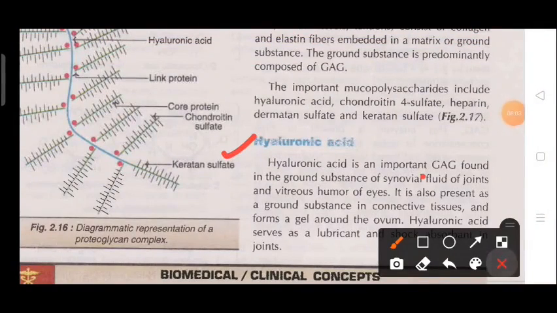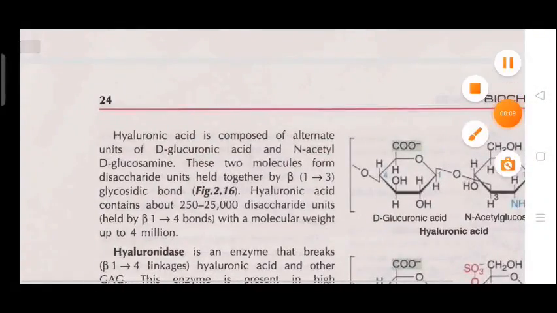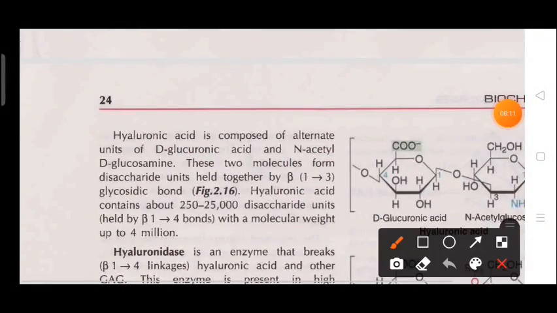Hyaluronic acid is made of repeated units of D-glucuronic acid and N-acetyl D-glucosamine. In this way, these are the heteropolysaccharides.